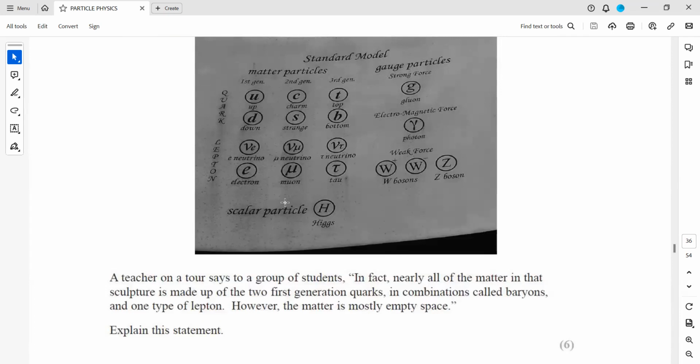A teacher on a tour says to a group of students, in fact, nearly all the matter in the structure is made up of 2 first generation particles in combinations called a baryon and 1 type of lepton. However, the matter is mostly empty space. Explain this statement.